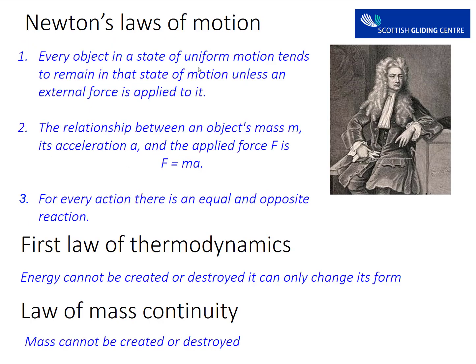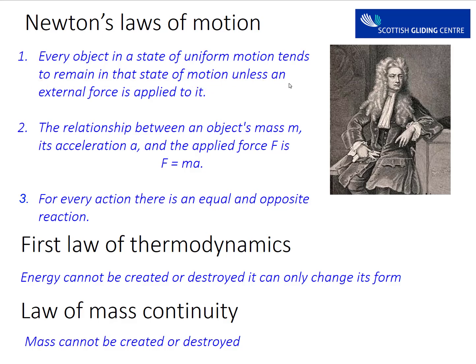Now, before we move on, it's important that we just have a think about some of the laws of motion and conservation laws that we're going to use in order to carry out this discussion. Newton's three laws, very basic. What his first law says is every object in a state of uniform motion tends to remain in that state of motion unless an external force is applied to it.